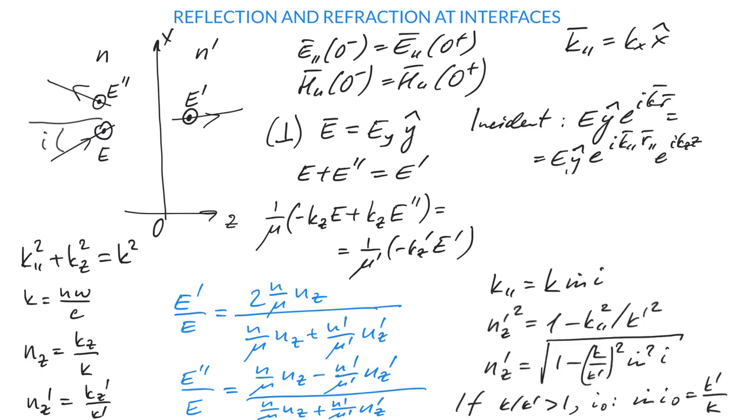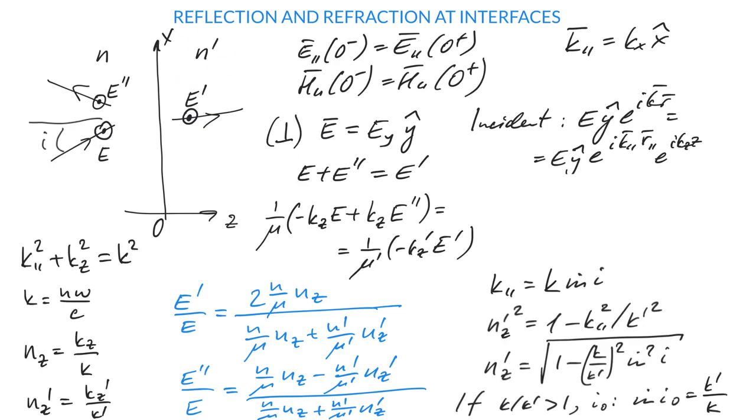This corresponds to the case where the beam is incident on the interface from the side of the larger refractive index. Then there's a range of angles with I greater than I naught, defined by this expression, where there is no transmitted beam, but instead there is an evanescent wave in the region with index of refraction n prime on the right here.